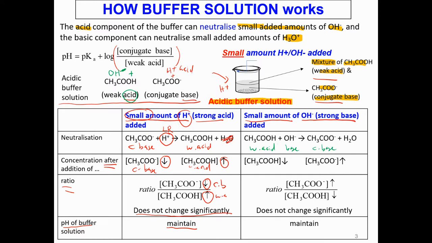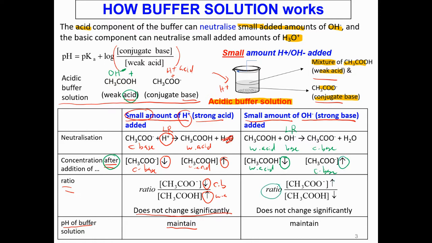This means the concentration of weak acid decreases after the addition of a small amount of strong base, which acts as the limiting reactant, and conjugate base as the product will increase.